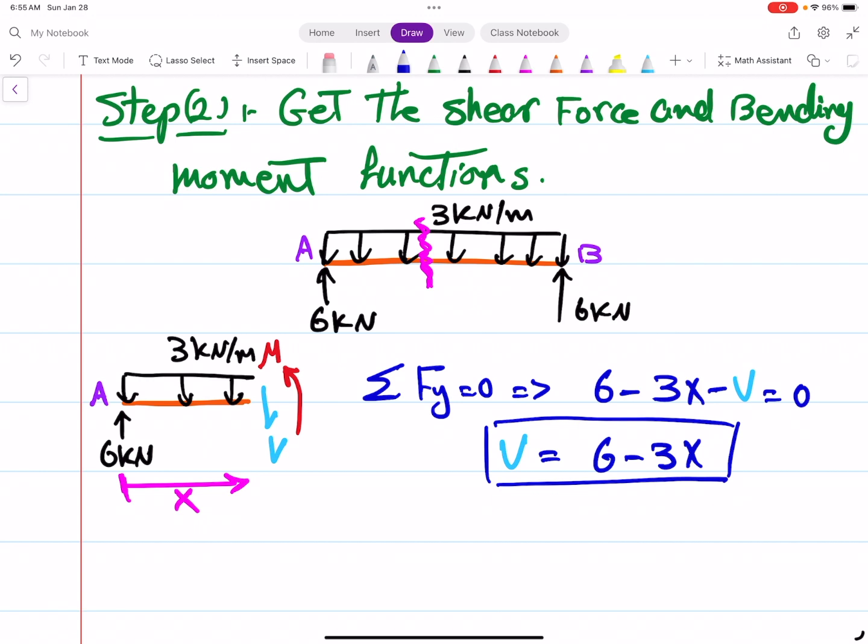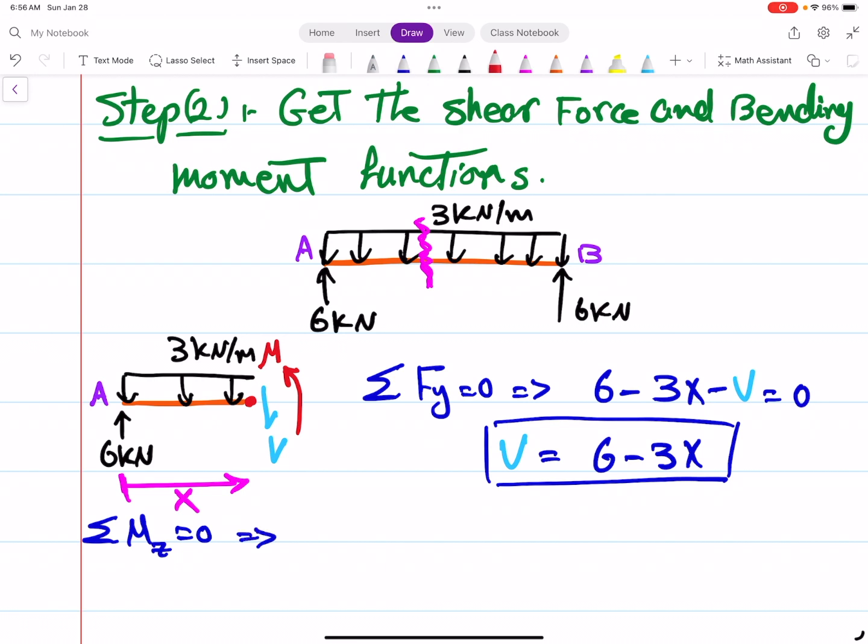And then let's do the bending moment. As I said in the previous video, I prefer to take the moment about the cut point right here. Okay, so summation moment about Z equals 0.